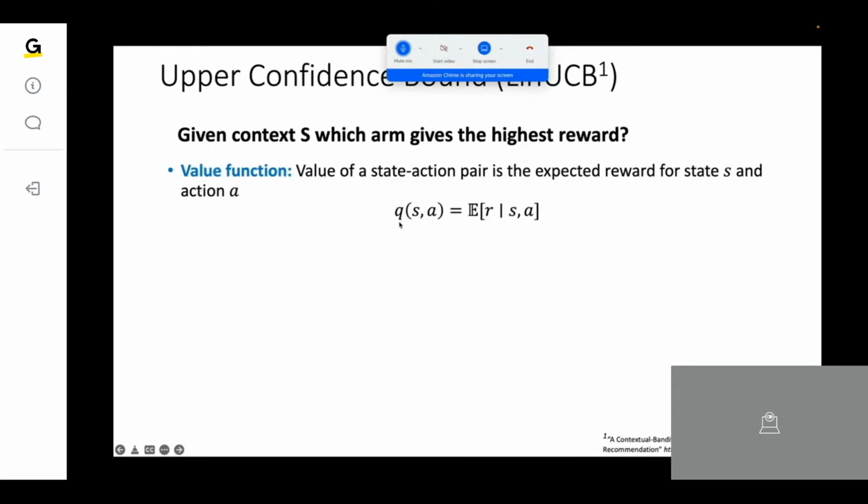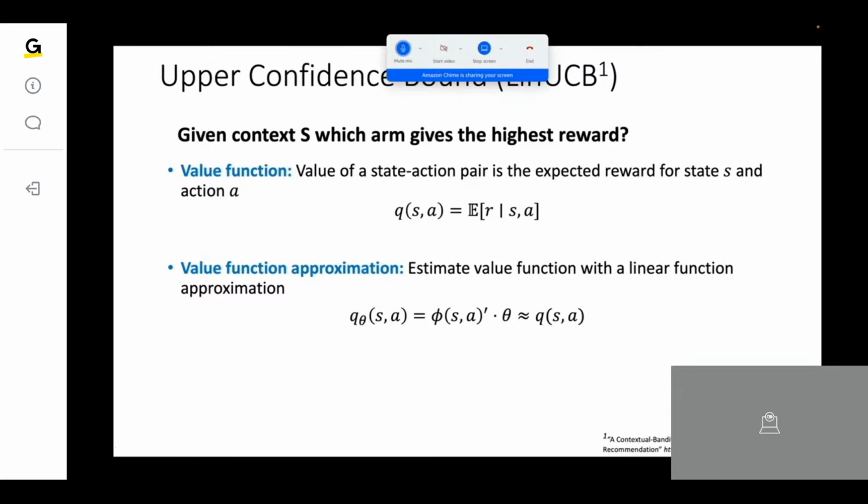Now, this value function is unknown because we do not know the underlying true distribution. So we'll make an assumption that the value function is a linear model, which is why the name is Linear UCB. Here, phi is a feature transform, which depends on the context as well as the action, and theta is an unknown set of parameters or the model parameters.